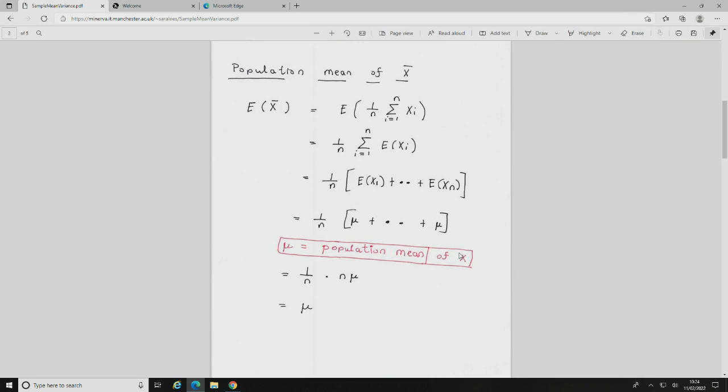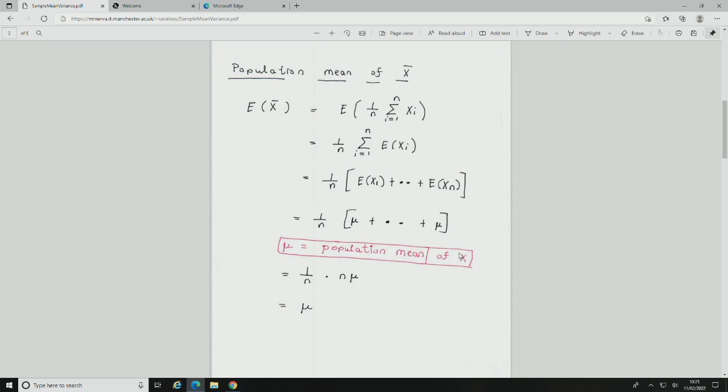Mu is the expected value of X, where X follows this probability mass function. So this is going to be a times 1, plus 0, so your mu is a.